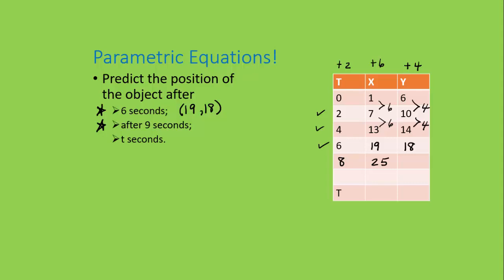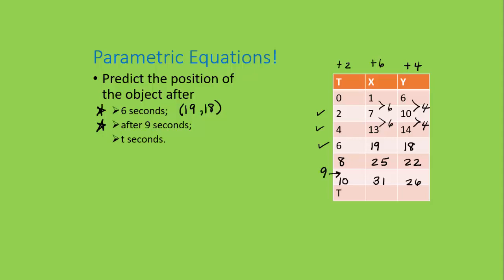And if I increase y by 4, I get 22. 9 is between 8 and 10, so I'm going to calculate 10 also. After 2 more seconds, if I increase x by 6, I get 31. And if I increase y by 4, now I get 26. So 9 should be right in between here.